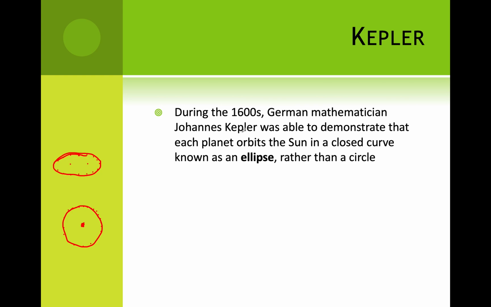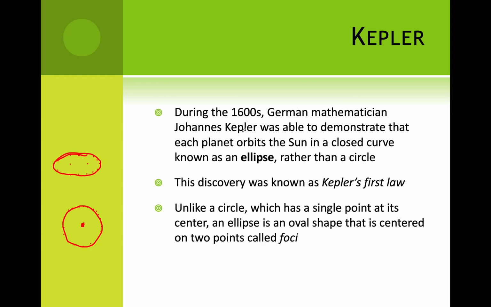which is the path that all planets take around the sun, with the sun as one of the foci. And it's that discovery that Johannes Kepler posited back in the 1600s that is called Kepler's first law. Kepler's first law: planets travel around the sun in an ellipse shape.